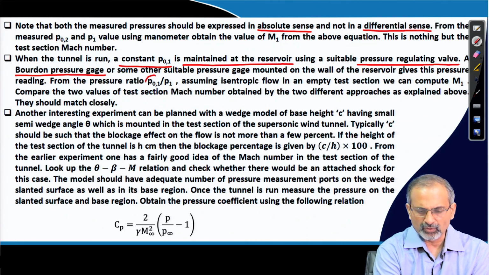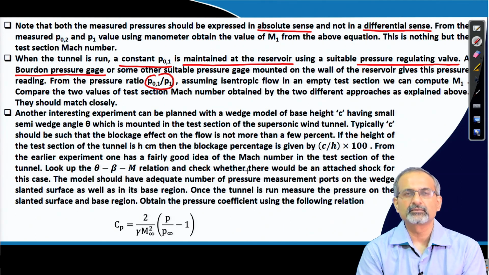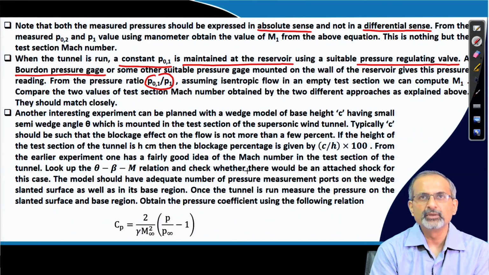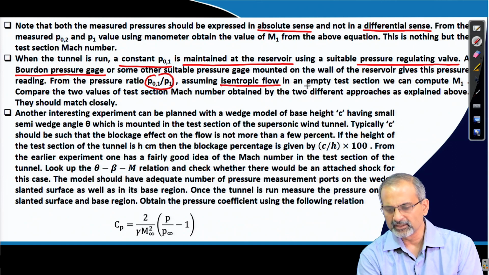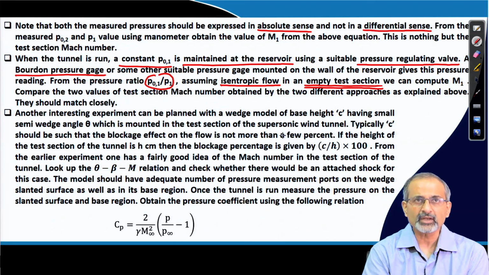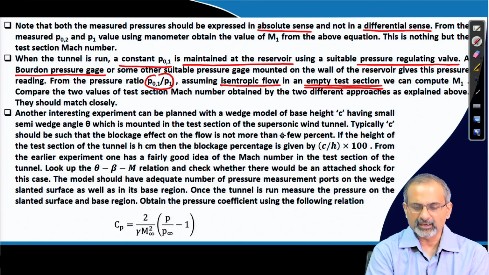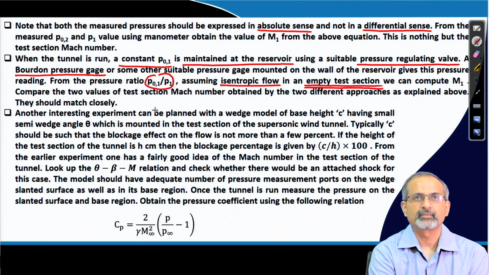From this ratio, hopefully we should also be able to get an assessment of the test section Mach number, assuming that the expansion has been isentropic. And the test section now is certainly an empty test section without any probes, etc., which could have caused shock waves. So, as long as you are able to maintain these conditions, hopefully this is another way in which you can measure the test section Mach number.